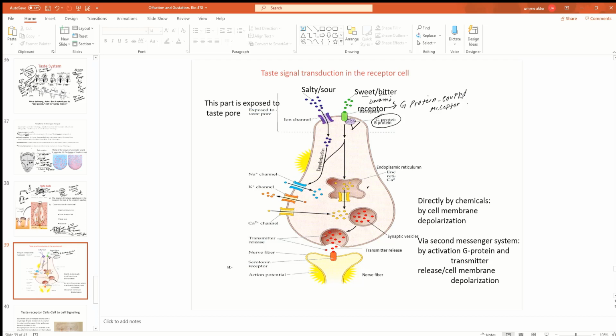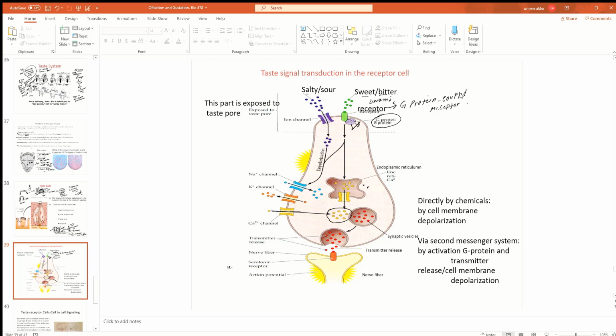And these receptors would release the alpha subunit from the G protein, and that would activate the adenyl cyclase and will release the calcium from the endoplasmic reticulum. Okay, and so you see the calcium released here, and calcium will also enter from outside, from the extracellular fluid.